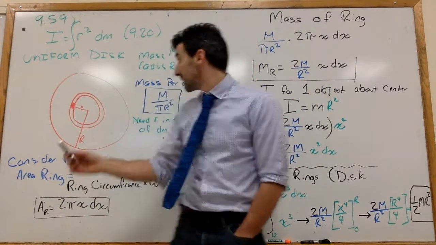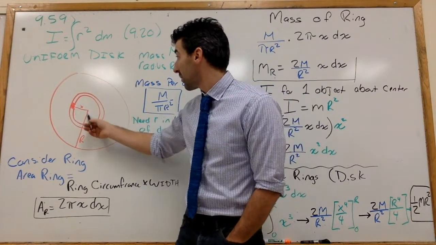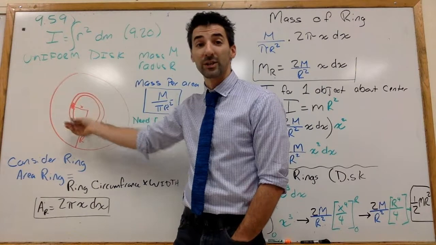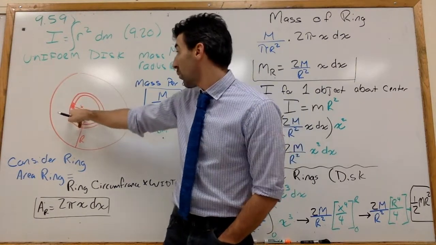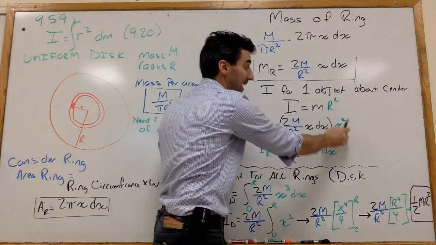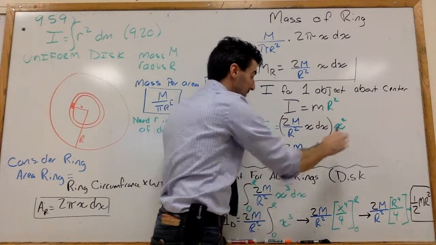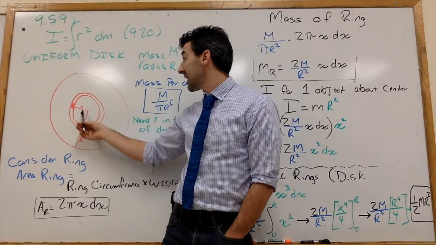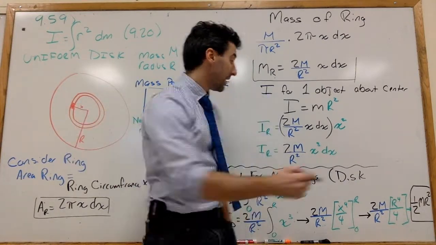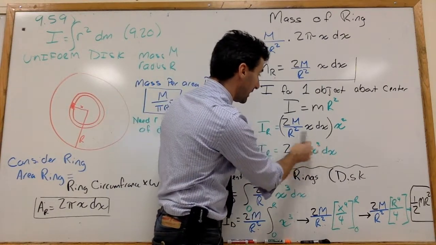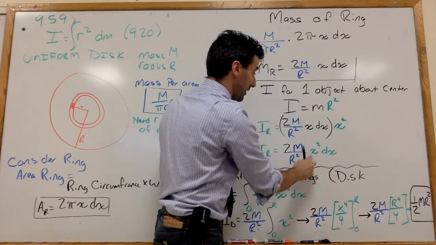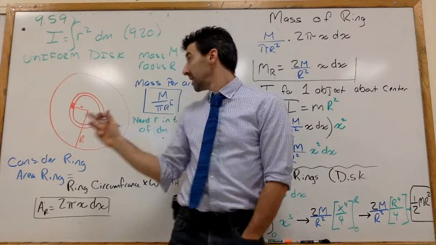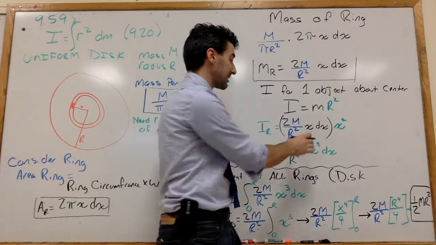My r value is just whatever distance I am away from the center of my rotational axis. So whatever my x distance is, that becomes x. Multiplying through, my moment of inertia of any single ring at some distance x away from the center is just the mass times x squared, or 2M over R squared times x cubed dx.